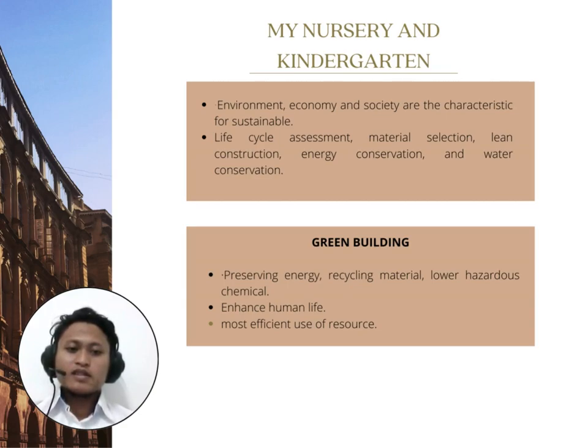Green buildings are constructed with the intention of preserving energy and resources, recycling material, and lowering hazardous chemical emissions. Green buildings have the ability to help maintain and enhance human life while conserving the potential of ecosystems.